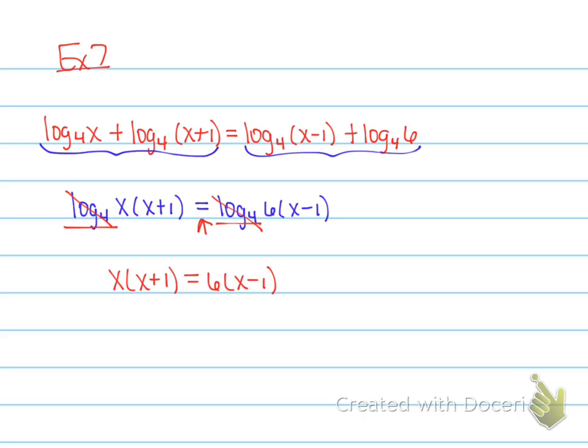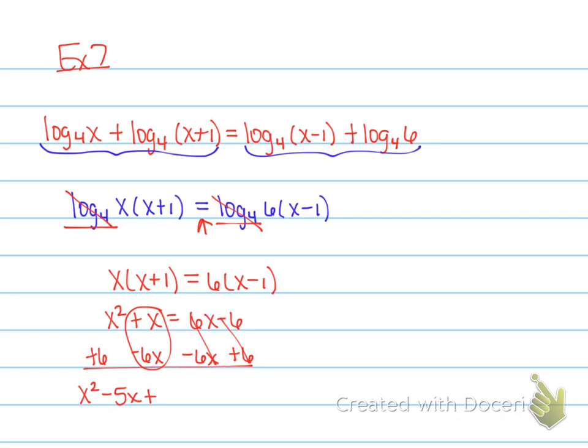And we're just going to solve. So x squared plus x equals 6x minus 6. Anytime, remember, you have x squared and x, you're going to have to set it equal to 0 so you can factor. So I'm going to move the 6x over, and I'm going to move the 6 over. So I get x squared, I have x minus 6x, so minus 5x, and then we have the plus 6 equals 0. So x squared minus 5x plus 6 equals 0.